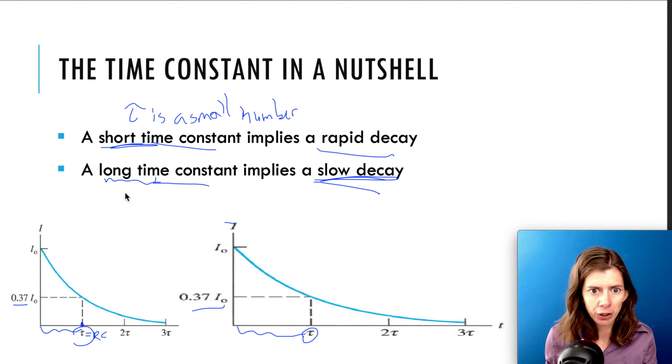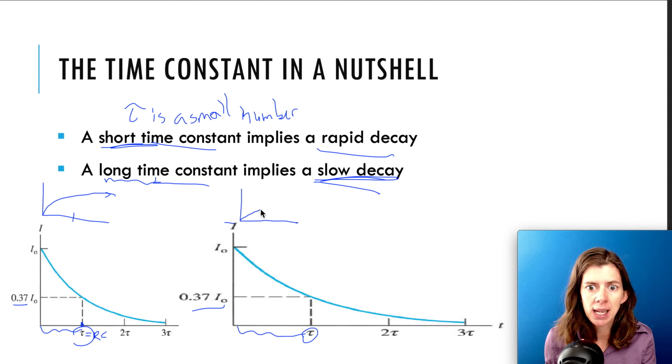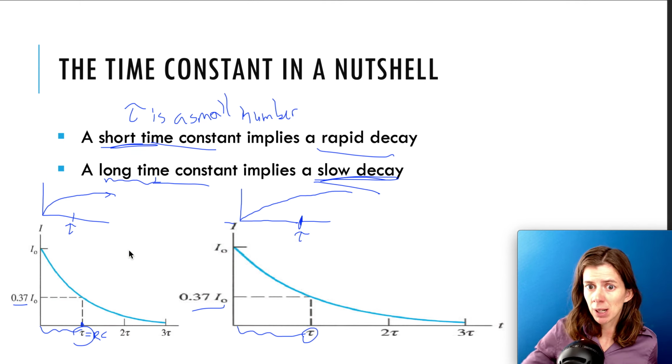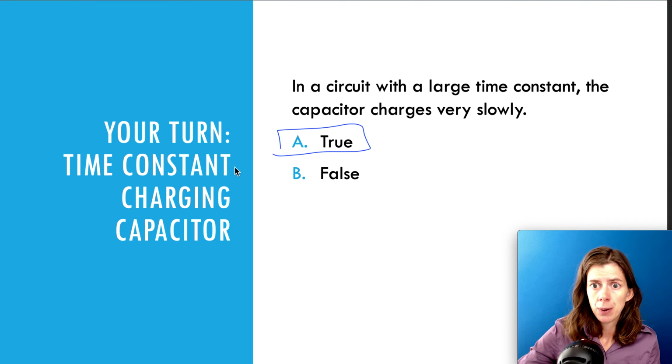We could have done the same thing for the other graph, when charge is growing and accumulating on that capacitor. A short time constant might look like this, but with a long time constant, it might take forever to grow because the time constant is longer. So a long time constant is a slow decay, and it's also a slow growth.